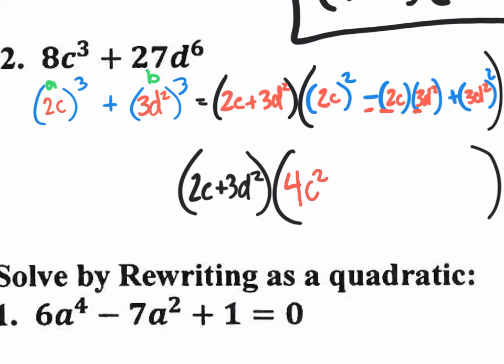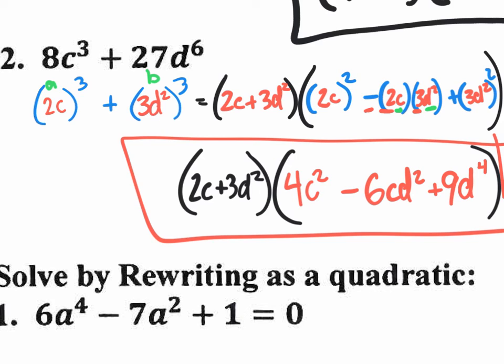What's negative 2 times 3? Negative 6. And then how about the c times d squared? cd squared. And on the last one, what's 3d squared times itself? 3d squared times 3d squared. Positive 9d to the fourth. We are done.